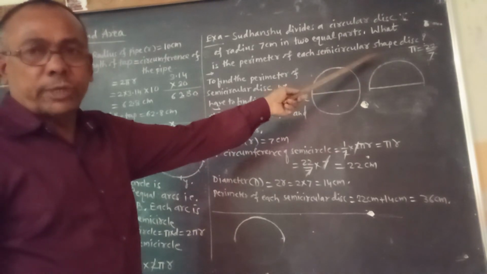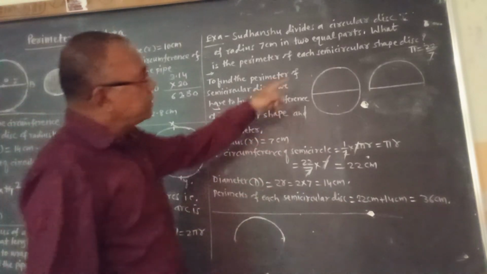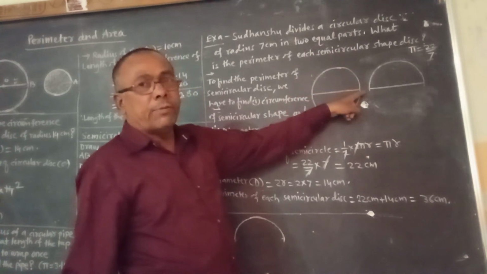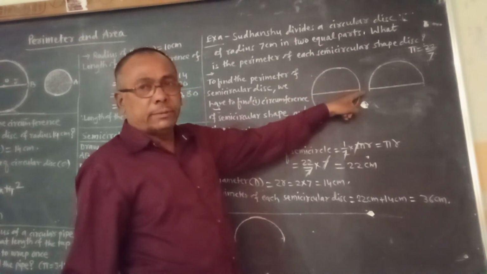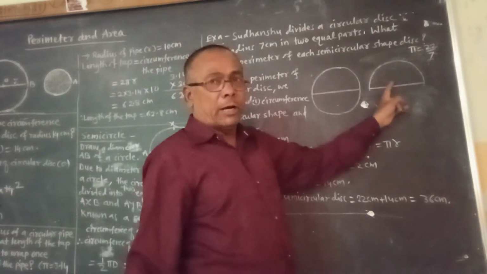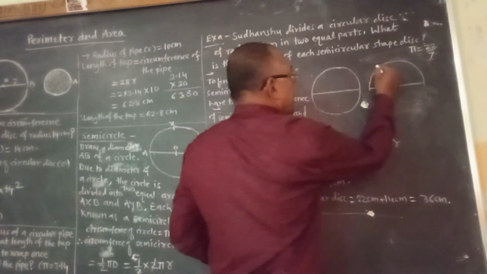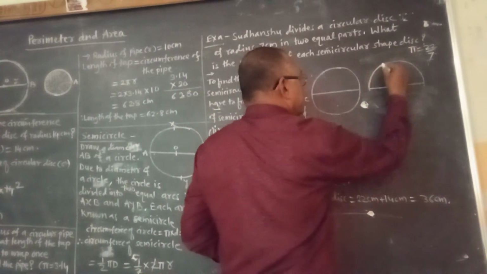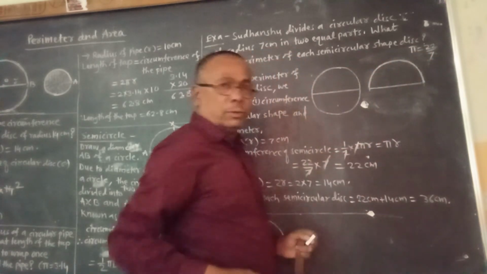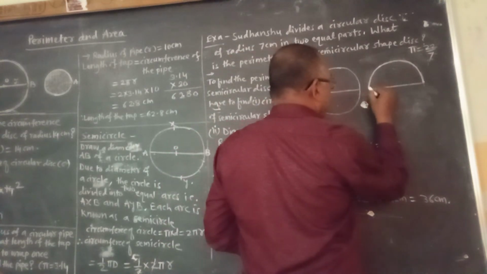Here we are asked to take pi is equal to 22 upon 7. Here this is the circular disc, and Sudhanshu divides it into two semicircles. Due to this, the one part will be like this. Means here, this part is the circumference of the semicircle, and this is the diameter.